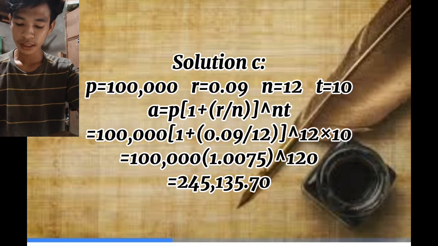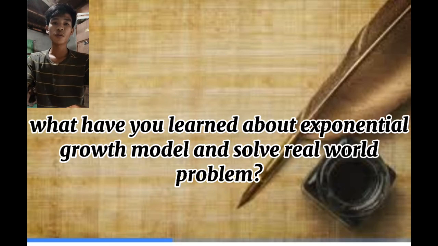Copy 100,000 below, then 0.09 divided by 12 plus 1. So, we have 1.0075, then 12 times 10, we have 120. So, 1.0075 raised to 120 times 100,000. So, we have 245,130.